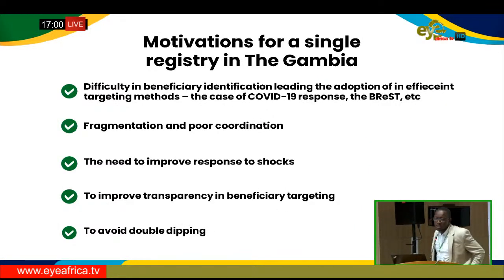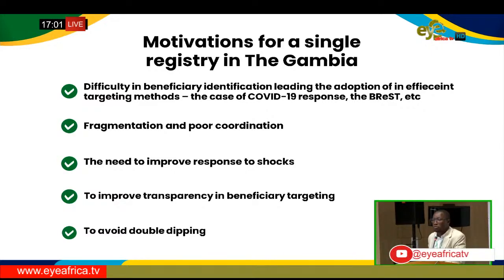There were reasons why the government of the Gambia decided to set up a social registry. Please don't be scared when Chris presented on some of the drawbacks of some of the approaches, including PMT. I always say, if we reduce the social registry to a poverty targeting tool, we are not fully utilizing it, because aside from poverty, we could also target people on other characteristics which are permanent.